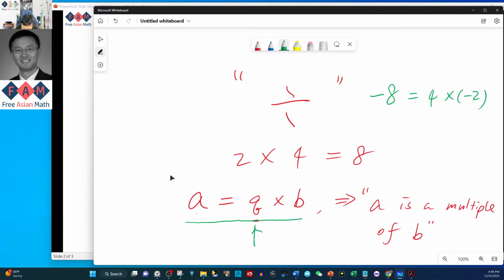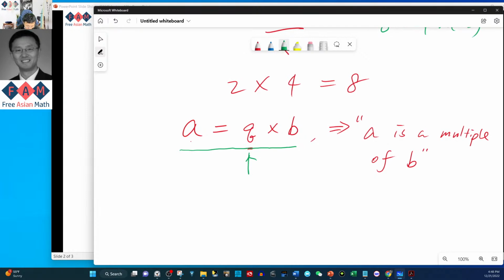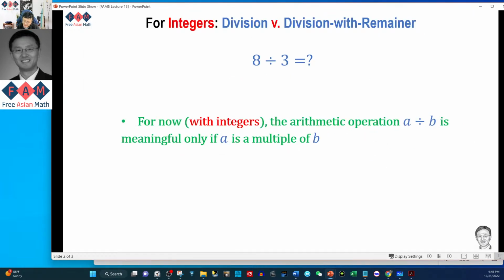So with this understanding, now we look at this division a divided by b. That means that we want to define such an operation only when a is a multiple of b. We will see shortly what we can do if a is not a multiple of b.